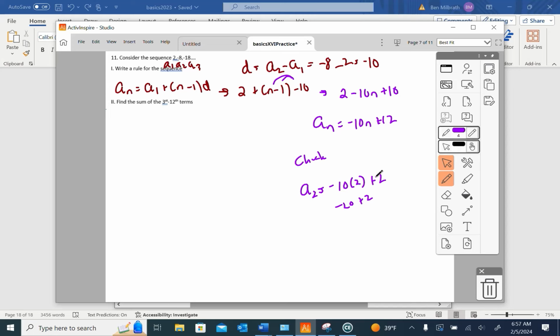Oh, that's a 12. Almost had a typo there. But it works. Negative 20 plus 12 is negative 8. By the way, that's also how you cheat. I don't know if the ones who need to know that won't watch the video, so whatever.